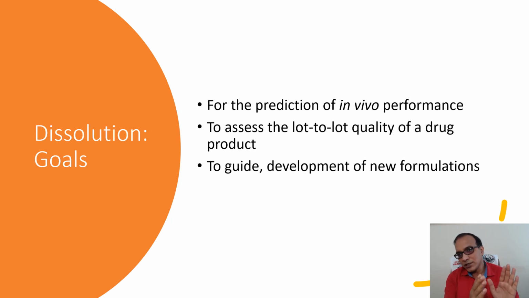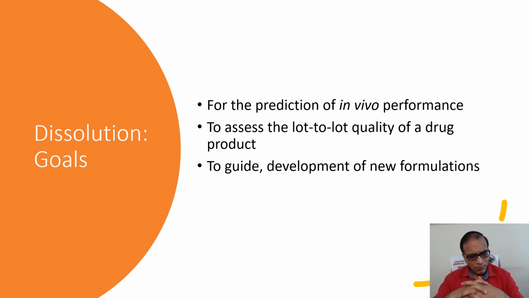When this correlation is set up, we need not go again and again to the in vivo study, because it is not only time consuming, several regulations are there, and cost factor is there. So we will predict the in vivo performance on the basis of in vitro release. That's why dissolution is the most important factor when we are asking about the correlation. We completely rely upon the in vitro dissolution profile.